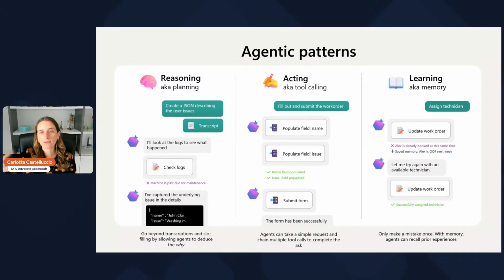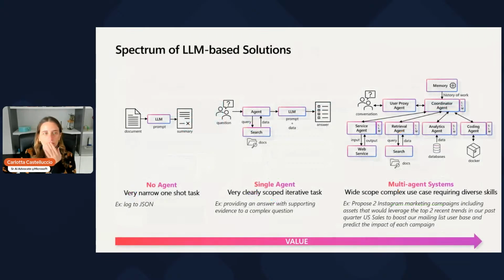So it can retain this kind of information to avoid repeating mistakes, but also, for example, to offer a better customized experience to a user and to retain some information about the user profile, user preferences, and so on and so forth. Okay, so these are the main capabilities of an agent.